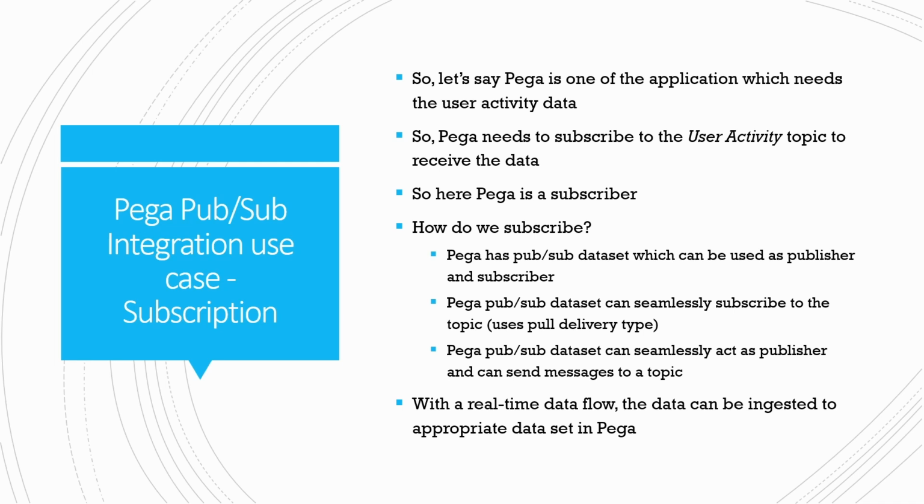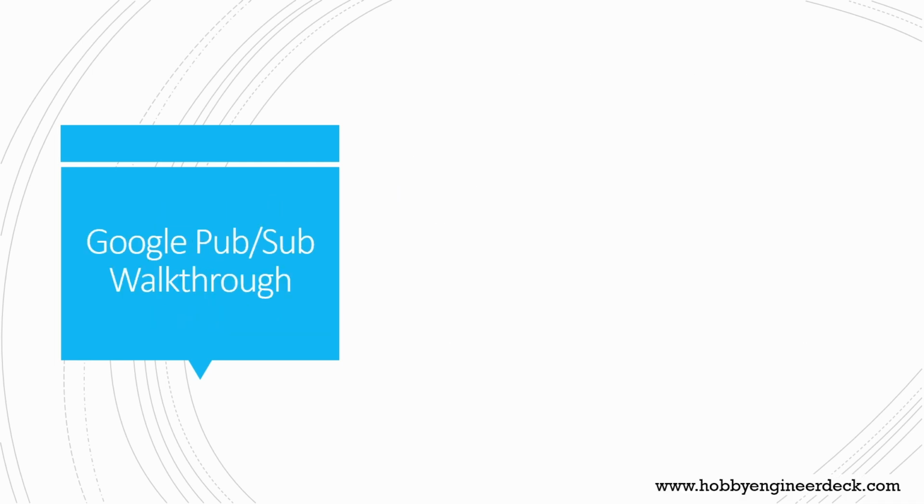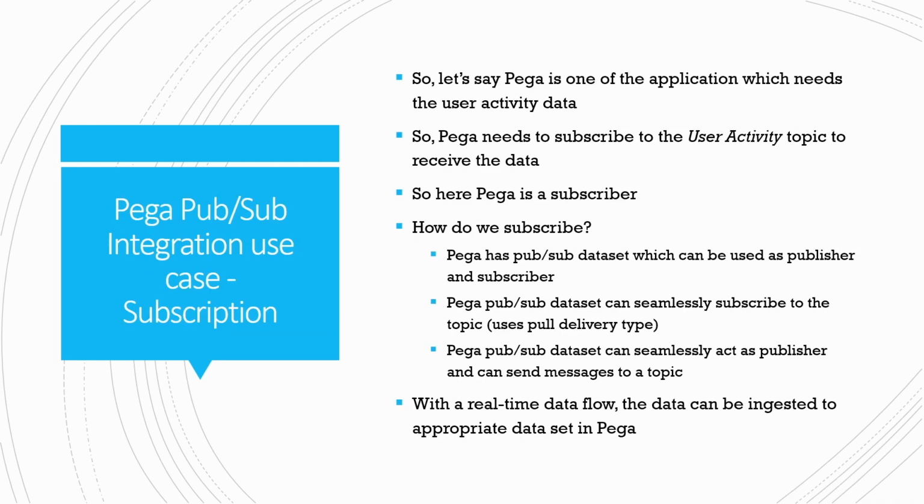Whereas in real time, the data is received and processed in real time. One example of real-time data is user activity data. Whenever a user is browsing through a particular website, the data can be sent to various systems in real time. All right. So perfect.